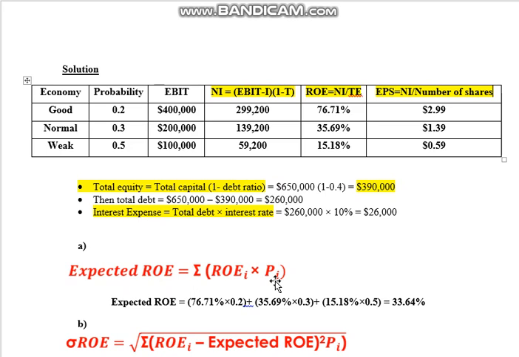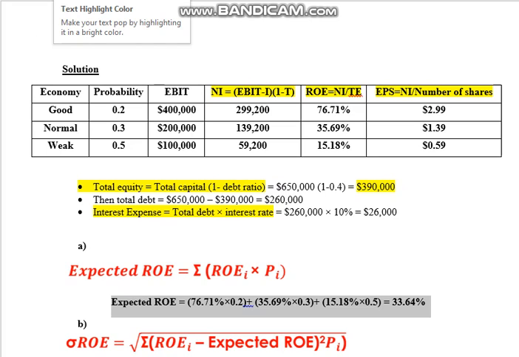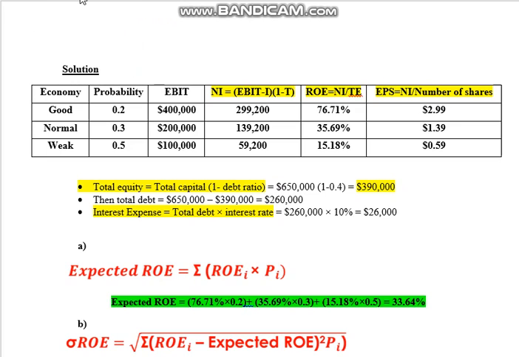So it's the ROE at the good economic situation times its probability, plus the ROE at the normal situation times its probability, plus the ROE at the weak economic situation times its probability. We will get the expected ROE equal to 33.64%. So that's how we can calculate the expected ROE.